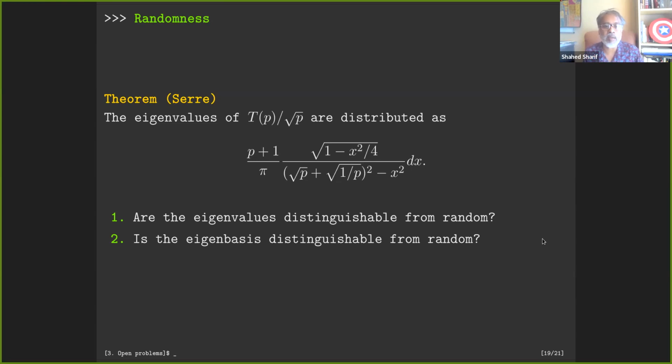So here I mean in the representation that we use with quaternion algebras. You could instead use the supersingular elliptic curve representation. That's harder to compute with, but it at least amounts to the same question. So in that representation, is there some pattern to the way the eigenvectors look, or can you not tell it from a random orthogonal basis?